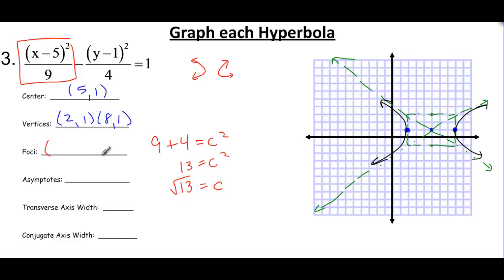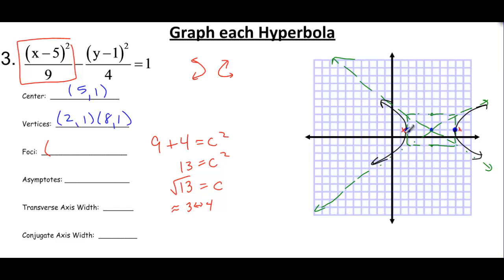Again, I'm going to be adding this to my center. The square root of 13 is between 3 and 4, so it's 3 point something, because 13 is greater than 9 but less than 16. So I'm going to go 1, 2, 3 and a little bit, 1, 2, 3 and a little bit. Okay, that's where the 2 focal points would be.